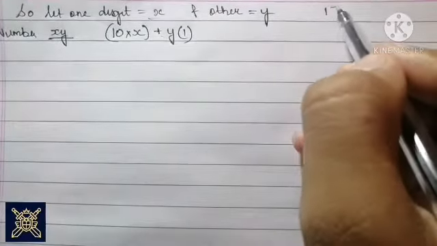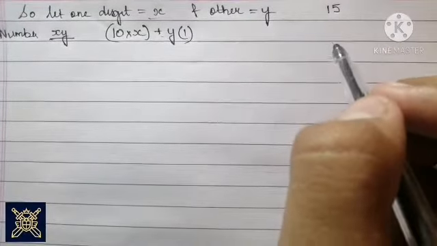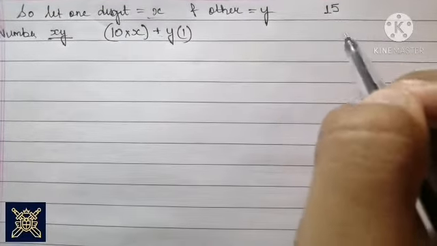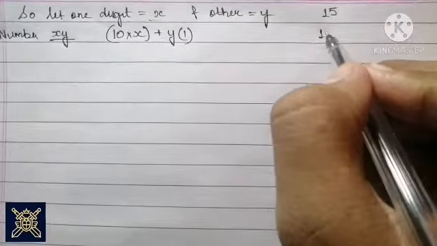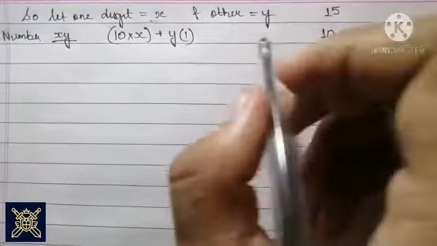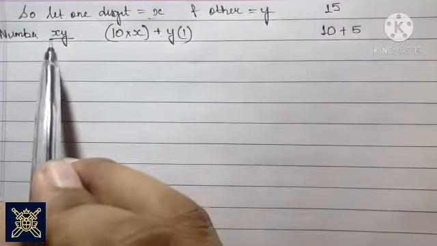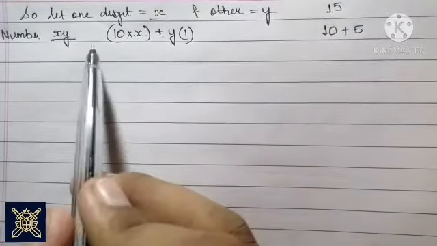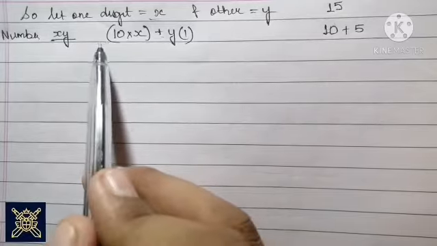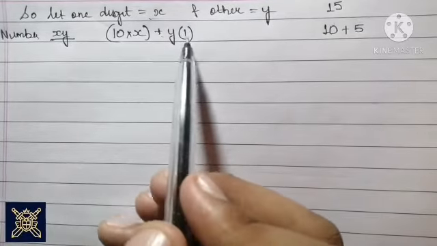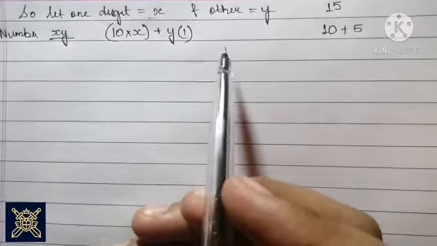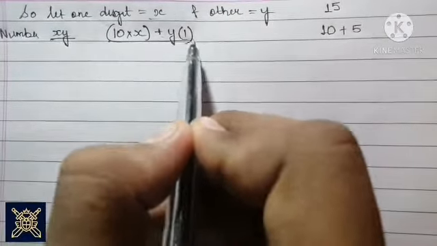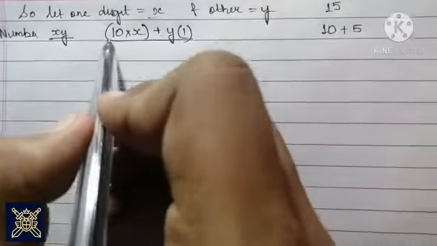For example, 15 can be written as the digit in the tens place multiplied by 10, so 1 into 10, that is 10, plus 5. Similarly, if the number is xy, the digit x is in the tens place and y is in the ones place, so the number will be 10 into x plus y into 1. So this is our number.